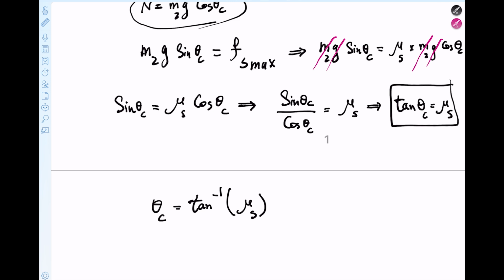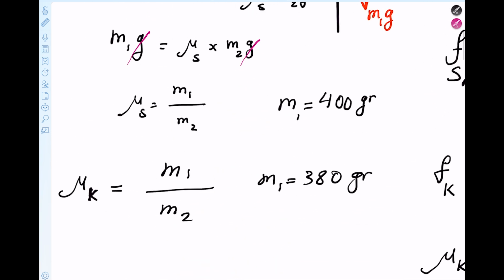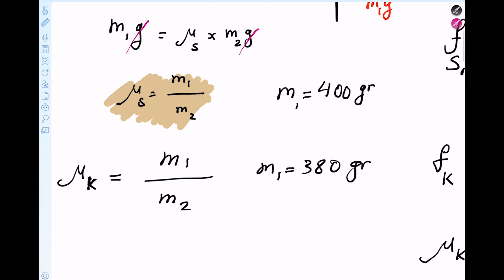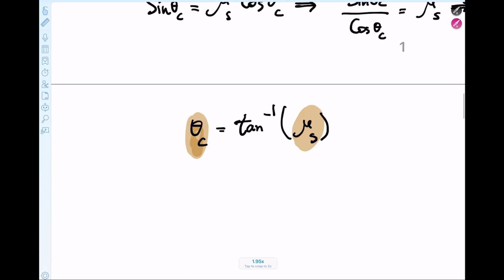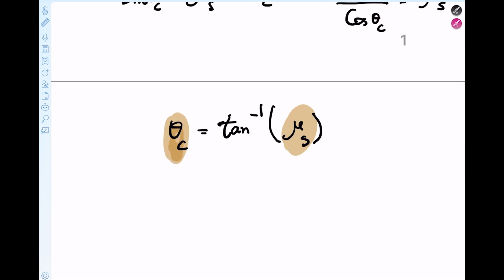So in other words, if you know mu s, you can figure out your critical angle. Do we know mu s? Yes, we do. We found it in part 1. In part 1, what we found was mu s, the M1 hanging mass divided by M2, the mass of the block. So we know this value, and so we can find theta C, the critical angle, the minimum required angle for the box to slide down.